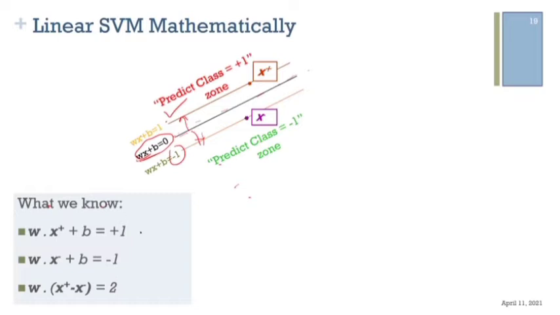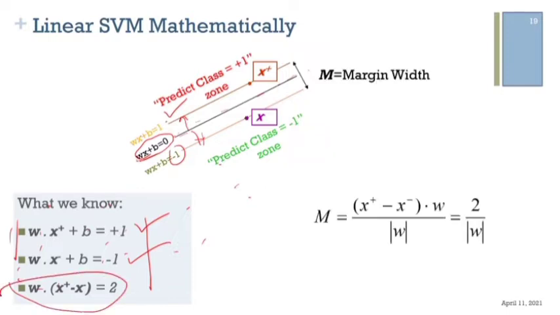Consider these two equations, one equal to +1, one equal to -1. From linear algebra, through the dot product of these two equations you can arrive at this equation, and from there we get this particular value if you make M the subject of your relation. M is the margin. That big M is the margin we are looking for.